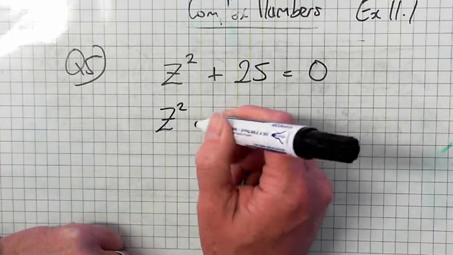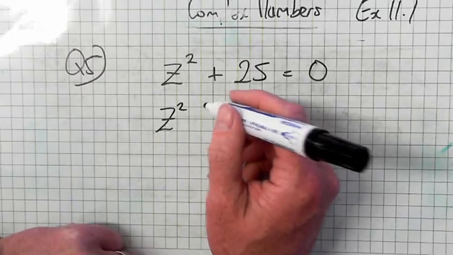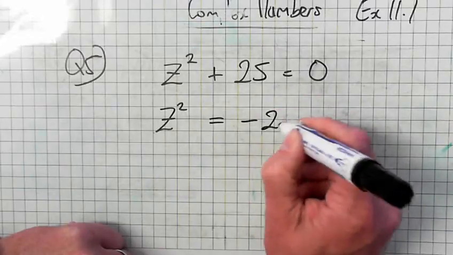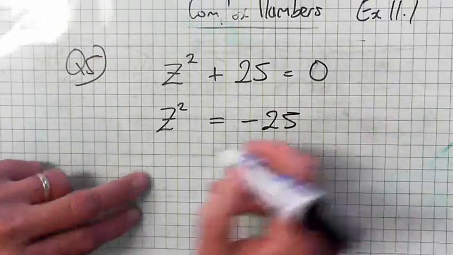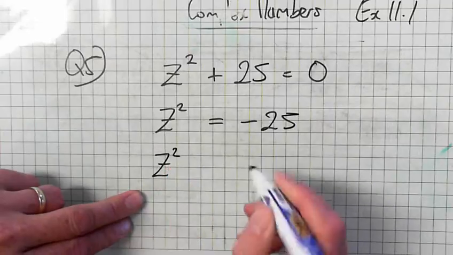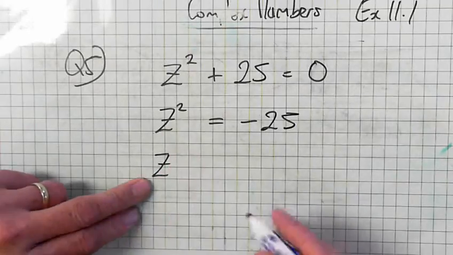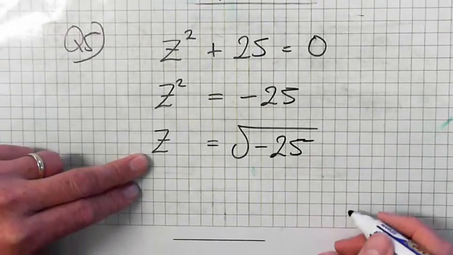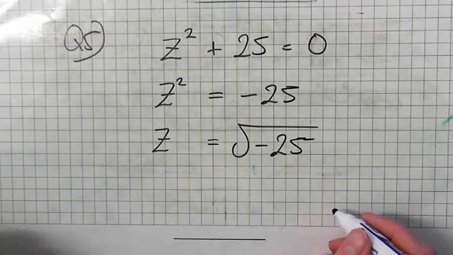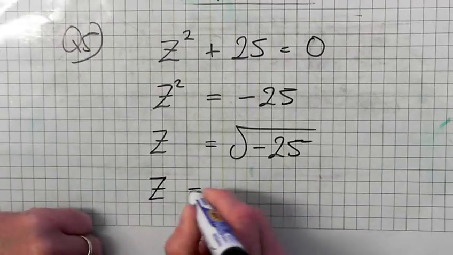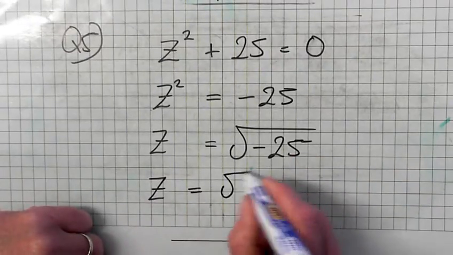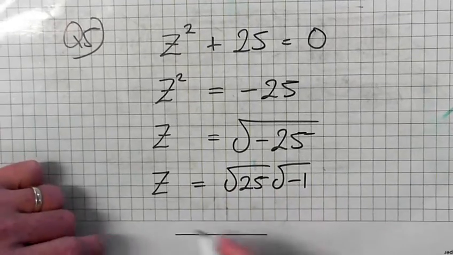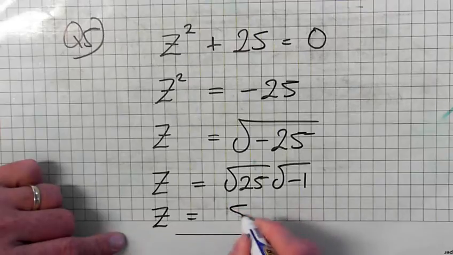So anybody who hasn't got the homework done should be writing these down as we go along. z squared is equal to minus 25. So z is equal to the square root of minus 25. So break up the square root of minus 25 into the square root of 25 times the square root of minus 1. z is equal to 5i.